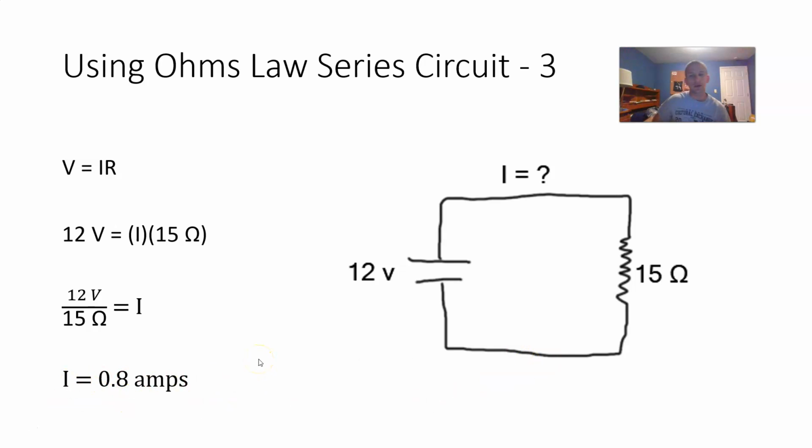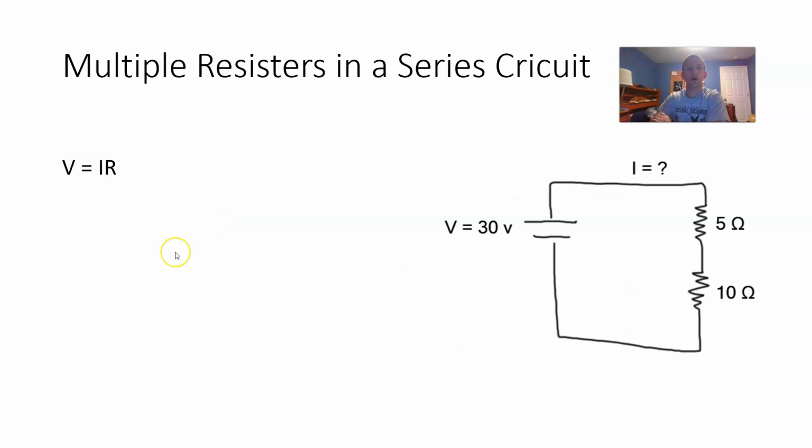All right, now we're going to go a little bit more complicated on these next couple, but still won't be too bad. Okay, so now we have multiple resistors in our series circuit. Now remember, in a series circuit, you only have one path for the electrons to go. The current will only be moving in one direction.